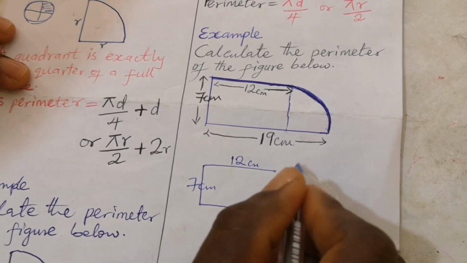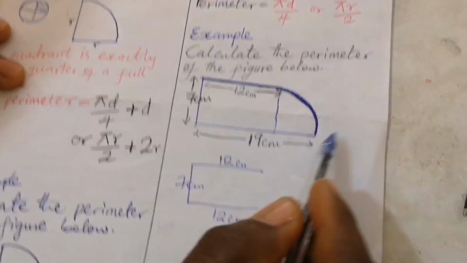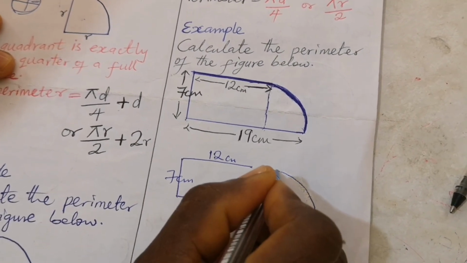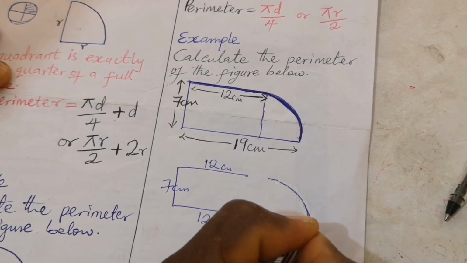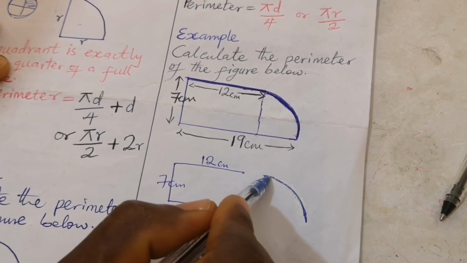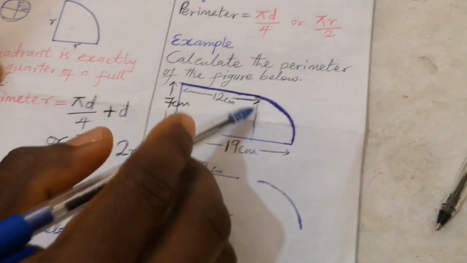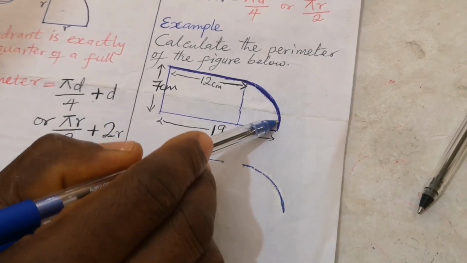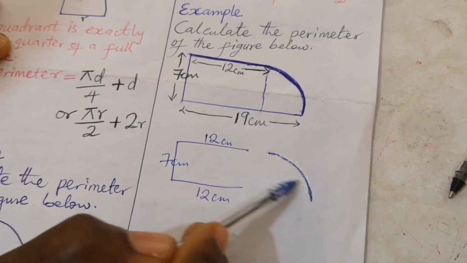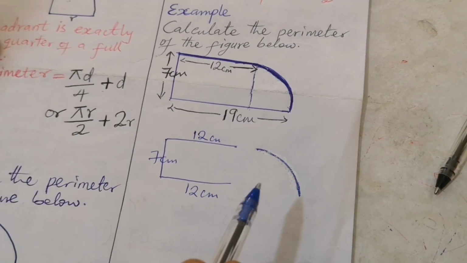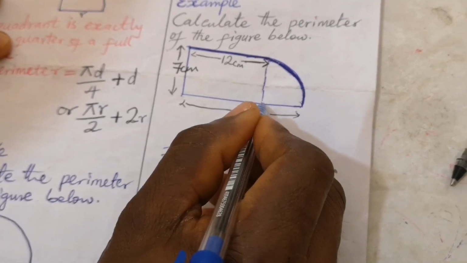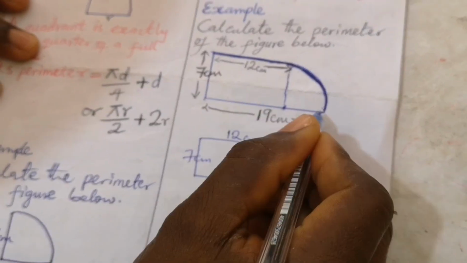Okay, so let me now cut out this arc. So this curved part is just this side. This curve is this one. Then I have to add this line back from here to this place.